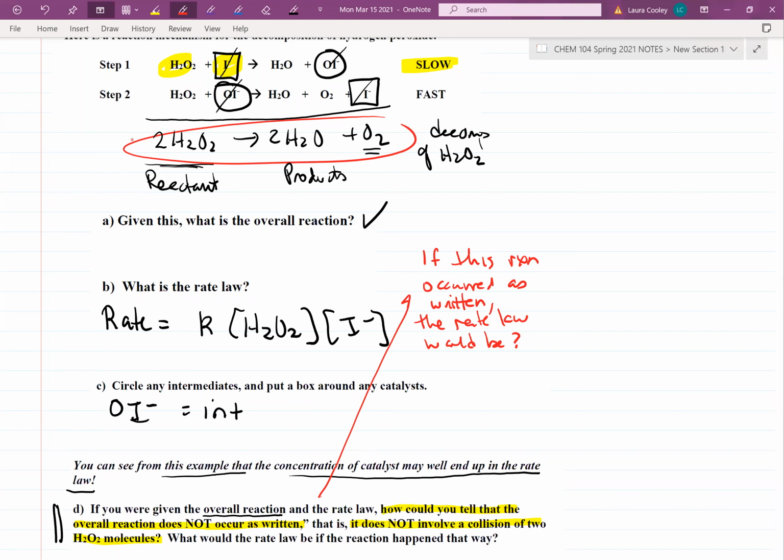It would only have the H2O2. To what power? 2. Yep. Because there's two of them colliding in this reaction. Okay. So that's the answer to that question.